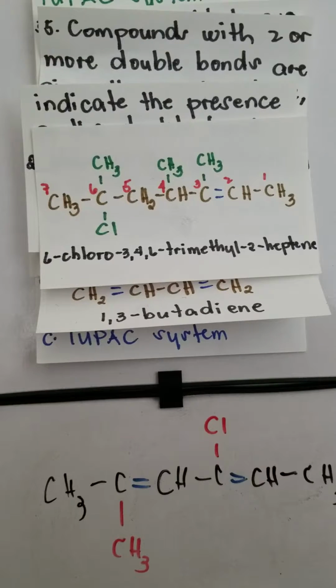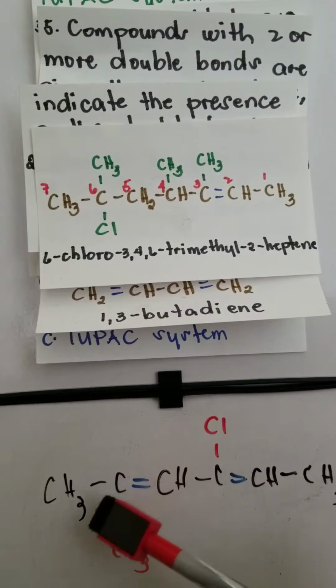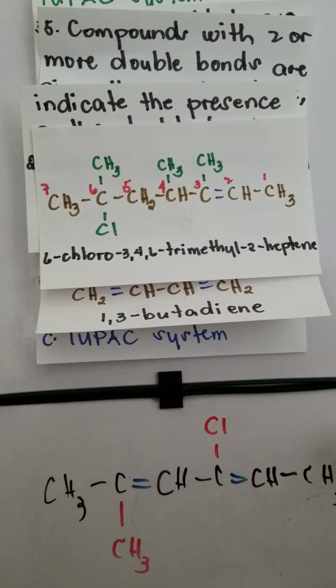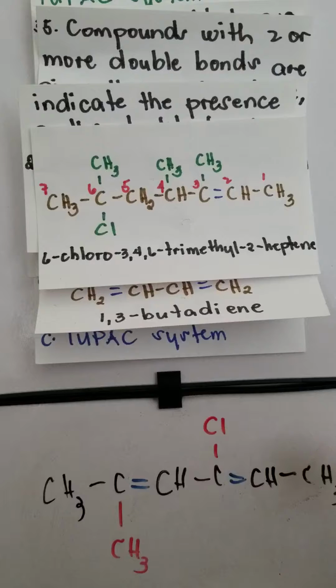Okay, now first we are going to assign the numbers of our carbon atoms, whichever end our double bond is nearest to. In this case, for this double bond we have 1, 2, and on this side we also have 1, 2, so either of these 2 sides. But first we are going to consider our branches: the methyl group, the chlorine group, and the methyl group. Which one comes first in the alphabetical order? The chlorine compared to the methyl.